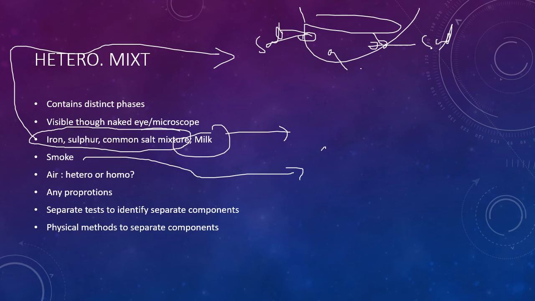Smoke has carbon dioxide and air, and in some parts carbon dioxide will be more, in some parts oxygen will be more. Sometimes carbon monoxide will be there. Carbon monoxide again is a mixture of a lot of carbon particles, and it depends upon the kind of smoke produced. So smoke is a kind of heterogeneous mixture because it has uneven distribution.